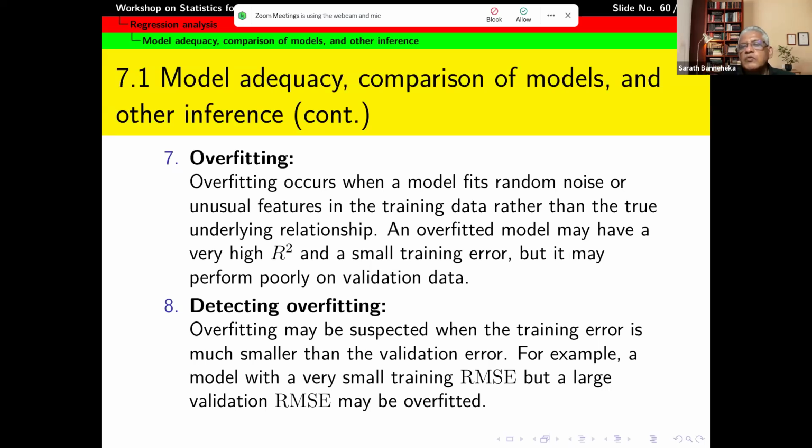But when you apply the same model to the validation data, the error may be quite large. That may be an effect of overfitting. For example, a model with a very small training root mean squared error but a large validation root mean squared error may be overfitted.